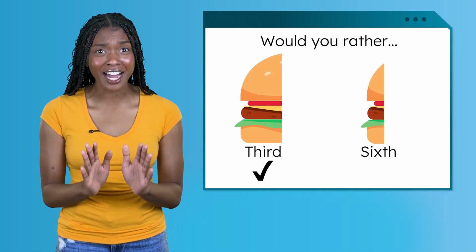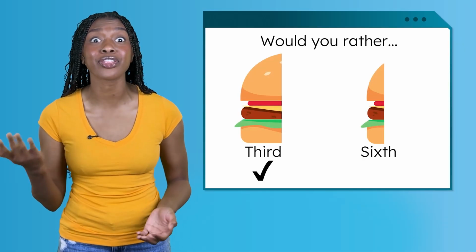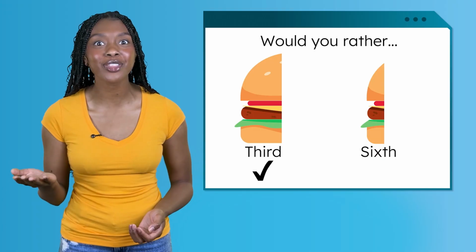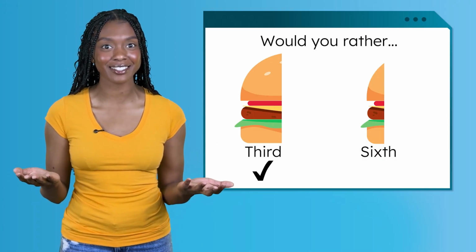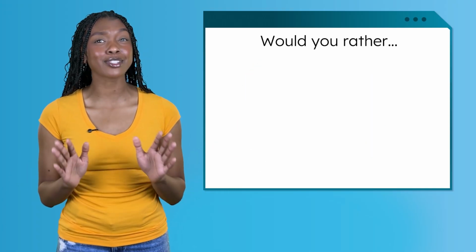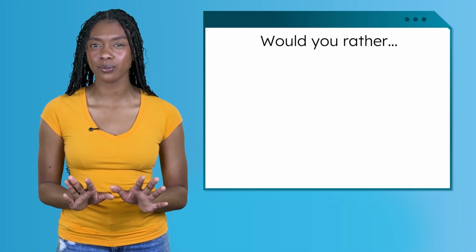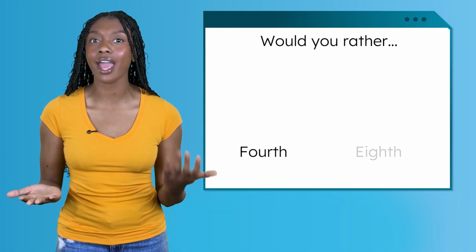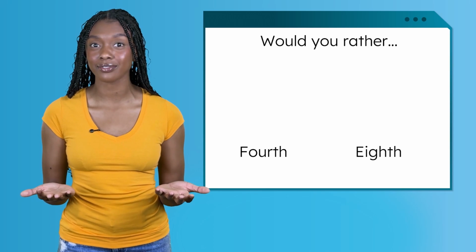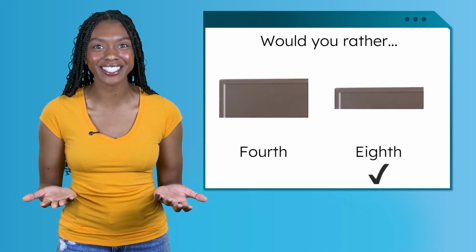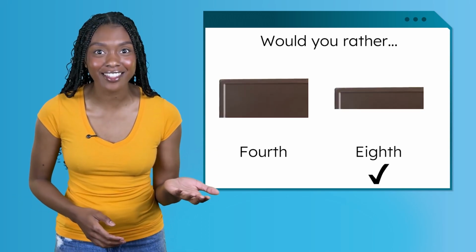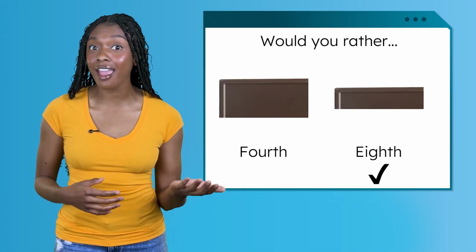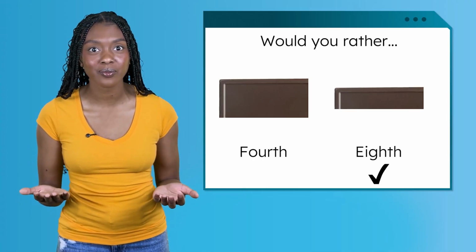If you're really hungry, you would want to eat 1/3 of the burger because 1/3 is bigger than 1/6. What if you wanted a smaller sweet treat? Would you rather have 1/4 of a chocolate bar or 1/8 of a chocolate bar? Absolutely. You would pick 1/8 of the chocolate bar because 1/8 is smaller than 1/4.